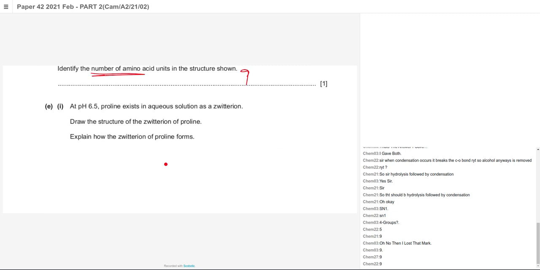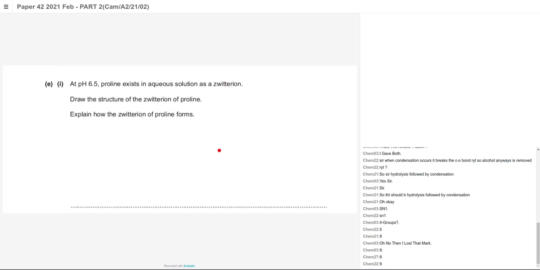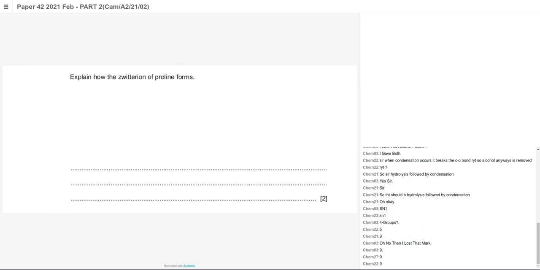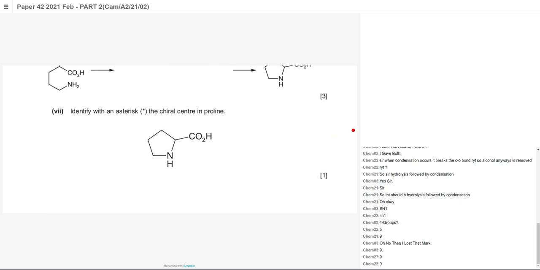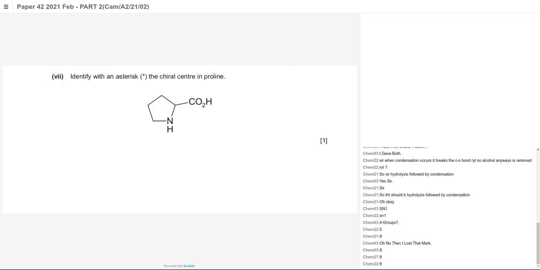At pH 6.5, proline exists in aqueous solution as zwitterion of proline. The structure of proline now, I just draw it here itself. The structure of proline, zwitterion of proline, is that you have CO2 minus, NH2 plus, and which has both positive and negative charges in the same molecule is referred to as zwitterion.